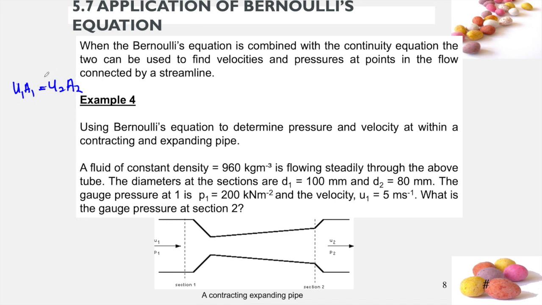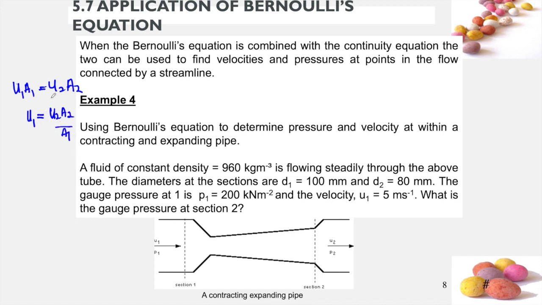From the continuity equation, we have u1a1 equal to u2a2. So let's say we want to take u1 out from the equation, and we are left with Bernoulli's equation with u2 terms. So u1 equals u2a2 over a1.